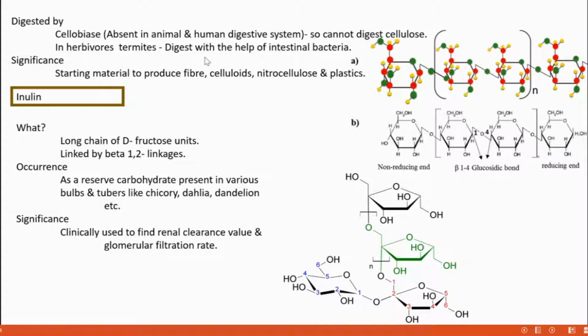What is the significance? Cellulose is the starting base substance for producing fiber, celluloids, nitrocellulose, and plastic. The cellulose structure is given here.